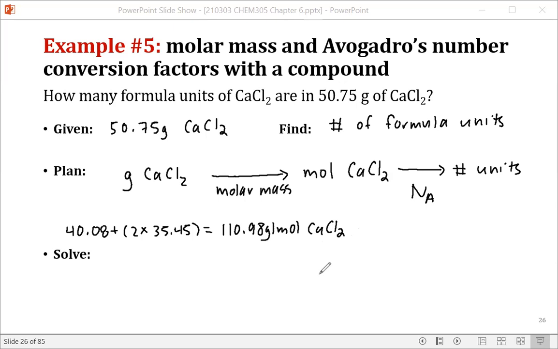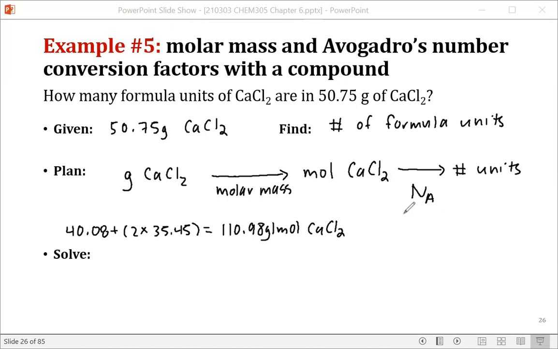So I'll be using that when I convert using the molar mass. I'm going to set this ratio up so that grams cancels out and I'm left with moles. So the 110.98 grams is going to go on the bottom of my conversion factor and moles is going to go on top. And then for Avogadro's number, we want to convert from moles to number of units. So we're going to have the moles part of Avogadro's number on the bottom of our conversion factor and the number of formula units on the top.